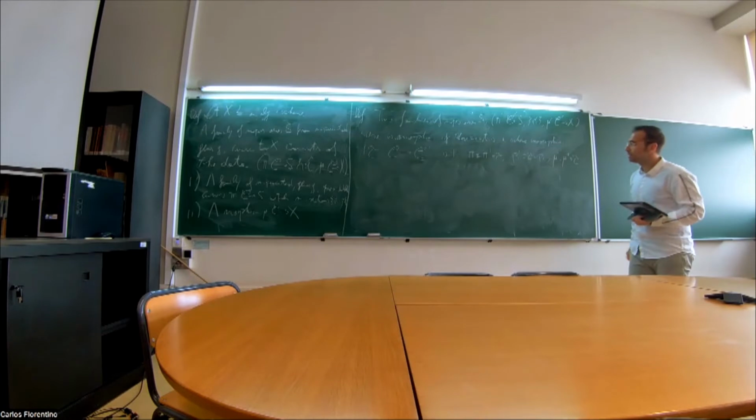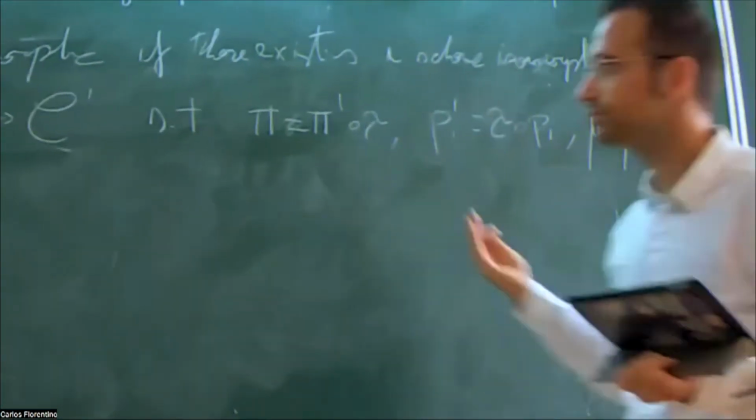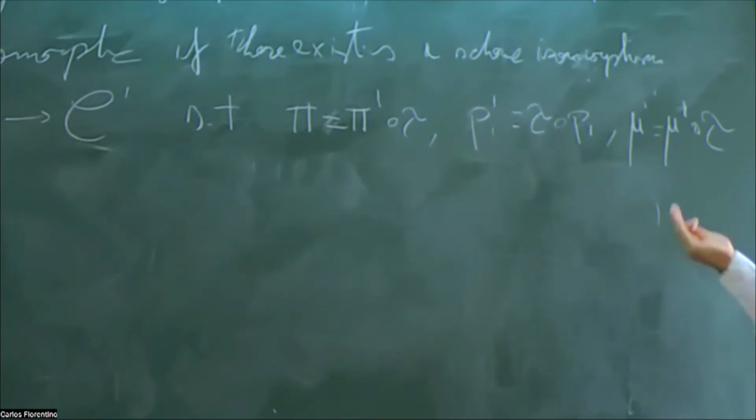It's an isomorphism between the base C and C prime, making everything commutative. This is an isomorphism.